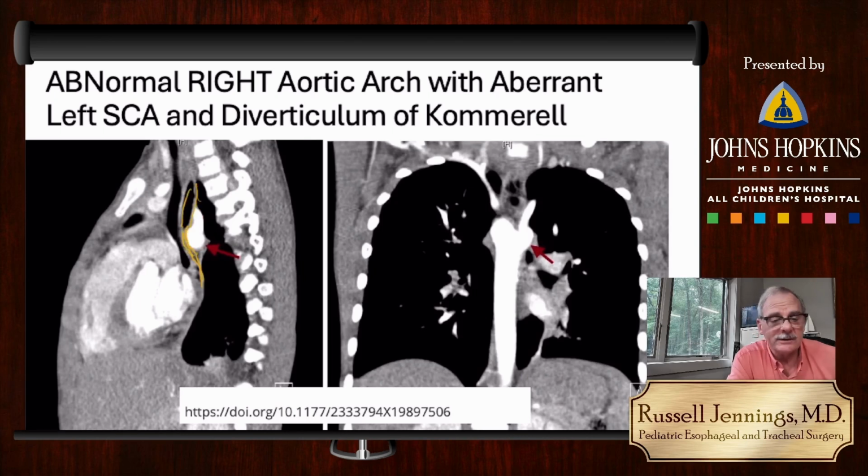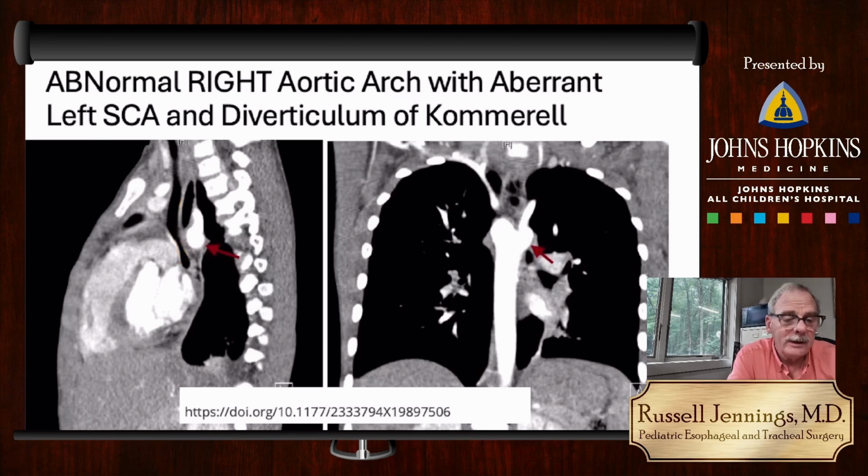And that's where you get the esophageal compression directly by the diverticulum of Kommerell. You can also see pretty easily that the trachea is compressed in the same space. So in this particular child, there's trouble with swallowing and breathing.